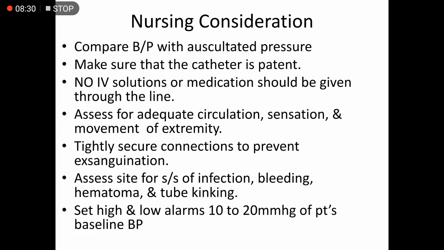Nursing considerations: compare blood pressure with auscultated pressure, make sure that the catheter is patent, no IV solutions or medication should be given through the line, assess for adequate circulation, sensation and movement of the extremity, tightly secure connections to prevent exsanguination or accidental removal, assess the site for signs and symptoms of infection, bleeding, hematoma, and tube kinking.